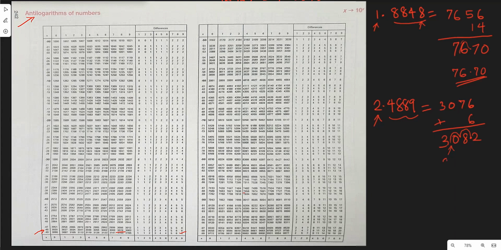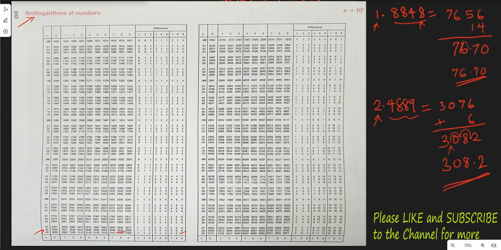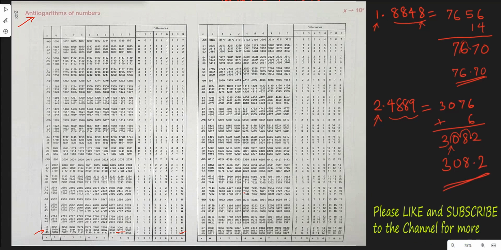So your number becomes 308.2 as the antilog of this number here. That gives us the answer. I hope we all understand this. If you have any questions, you can leave it in the comments below. Thank you.